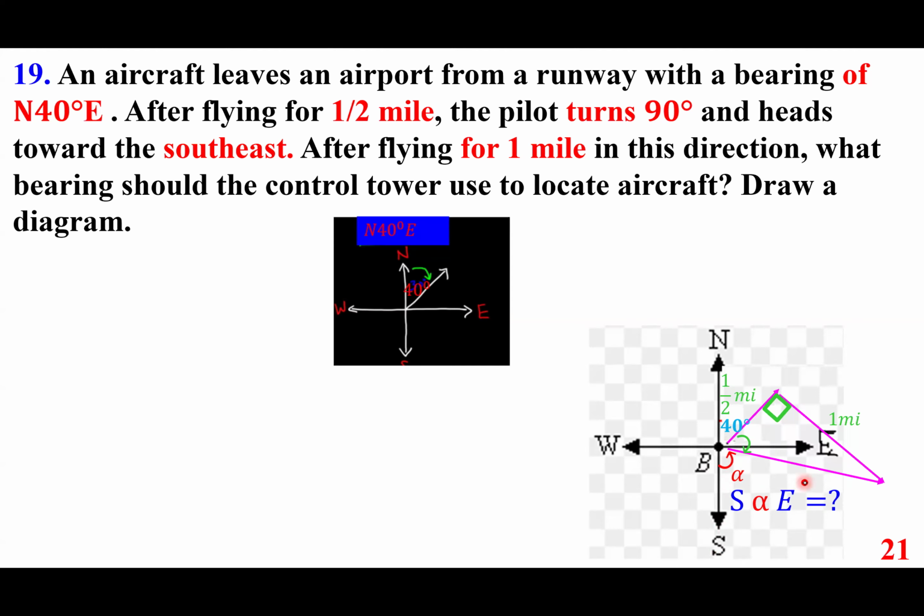So all you have to do, notice this entire angle is 180. So 40 degrees plus the green one, which we can find from the triangle, plus the red one alpha, they must be 180. That means if we call this theta, 40 plus theta plus alpha is 180. We can find theta and therefore alpha.